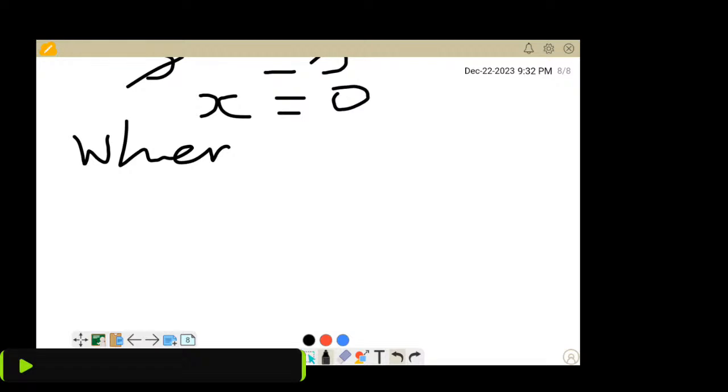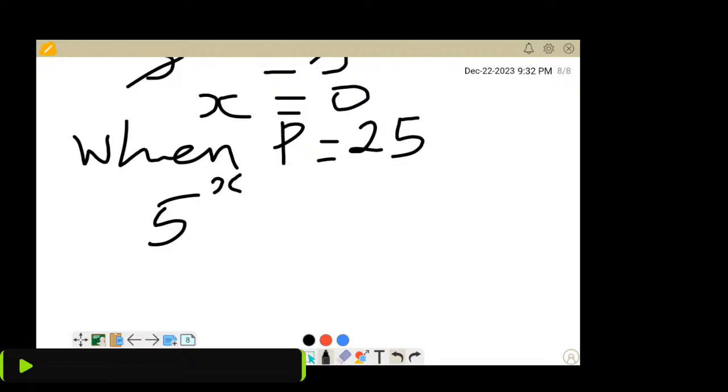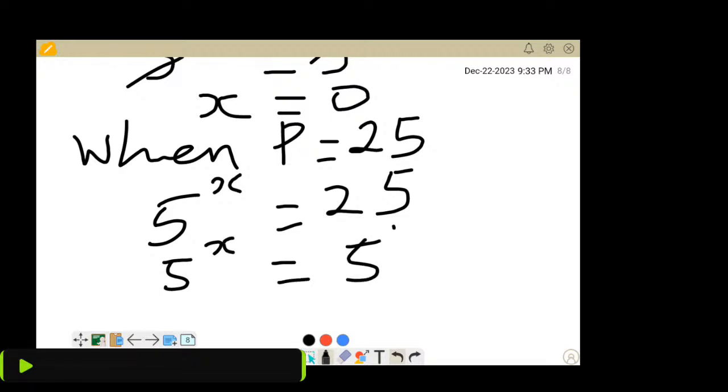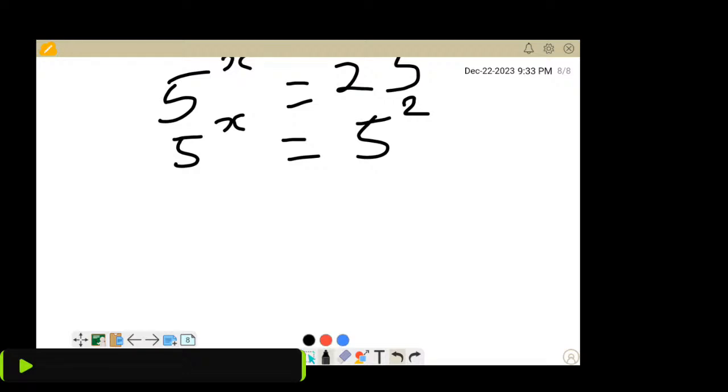When p equal to 25, we can say 5 raised to power x equal to 25. Therefore 5 raised to power x can be equated to 5 square, and at this junction we can take these two away. X equal to 2 is our final answer.